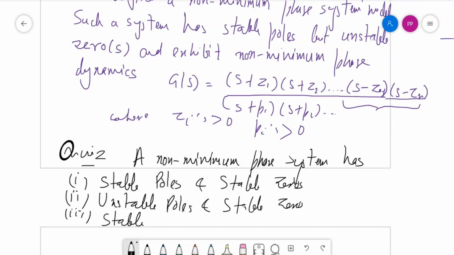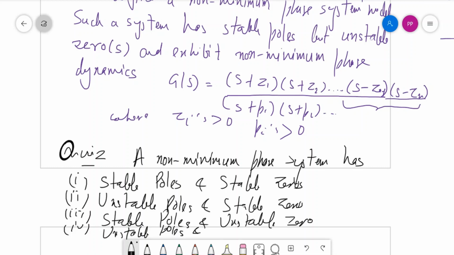And fourth option is unstable poles and unstable zeros. So this is up to you to answer this question.